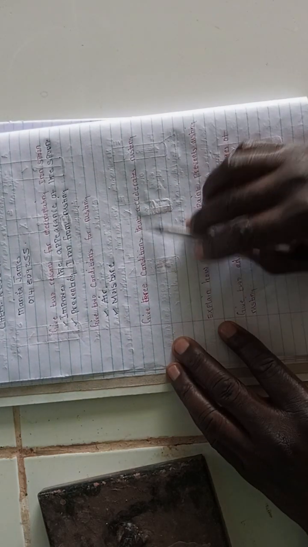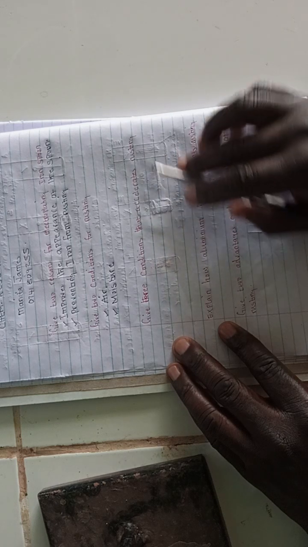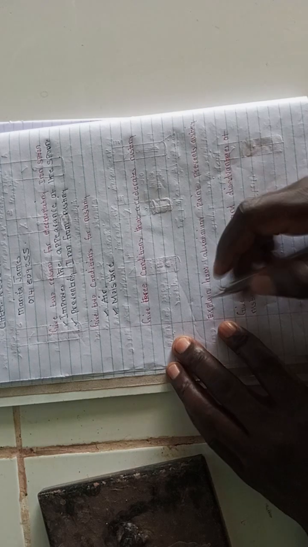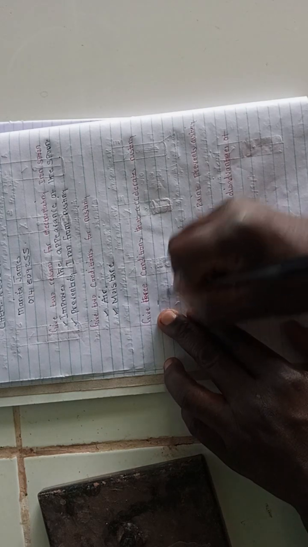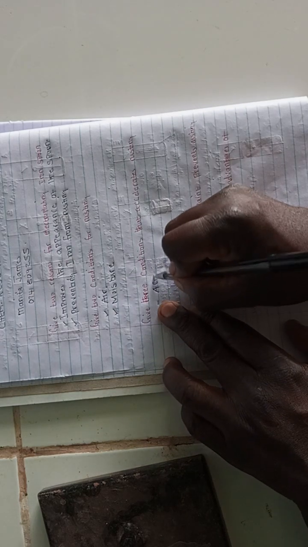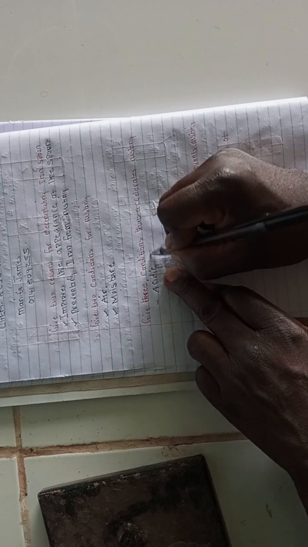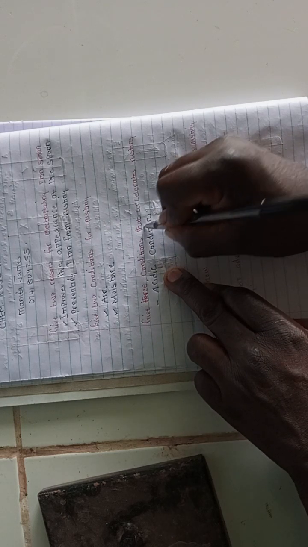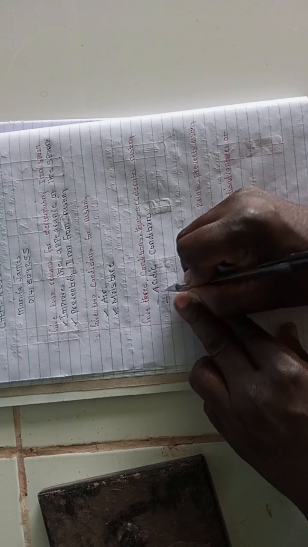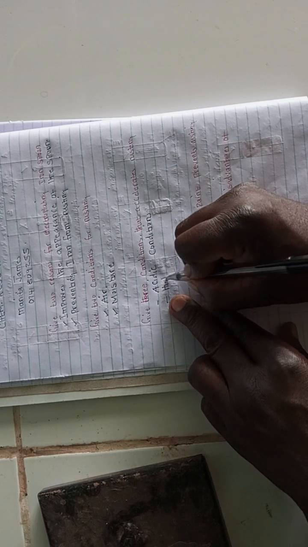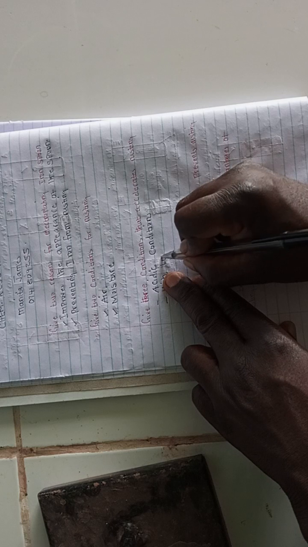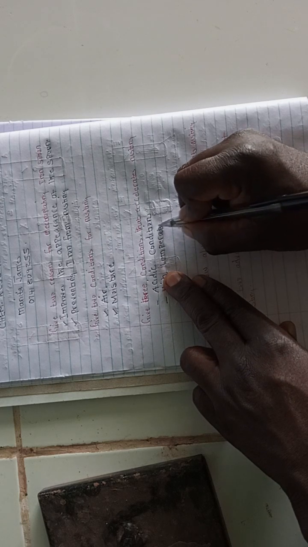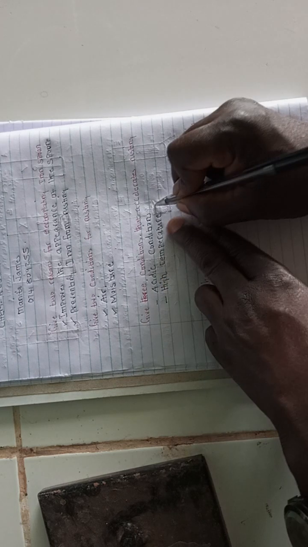Give 3 conditions that accelerate rusting. These are the conditions that make rusting take place more intensely. We have 3. One, we have acidic conditions. We have high temperature conditions.